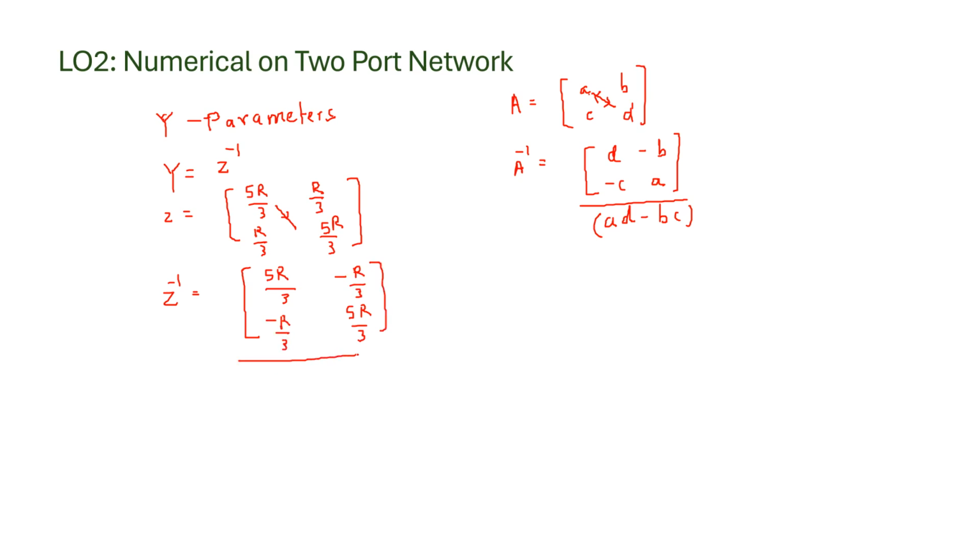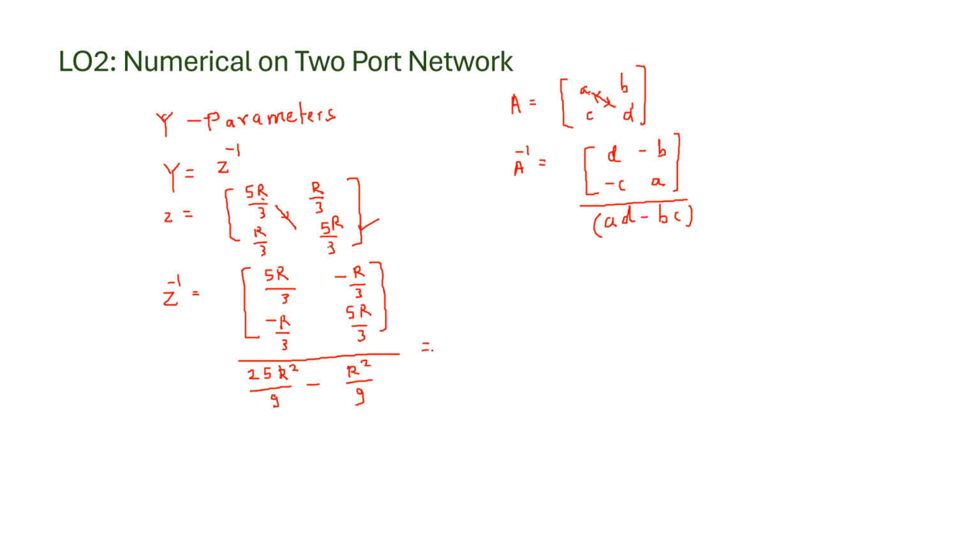Then divide by the determinant of this matrix. What is the determinant? This into this, so it will be 25R square divided by 9 minus R square divided by 9.